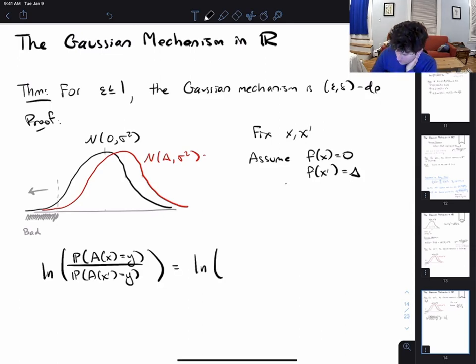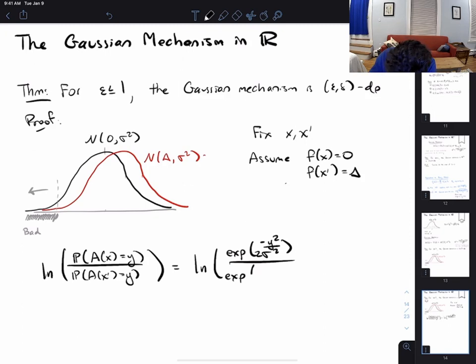Okay, so the way the Gaussian distribution is defined, this ratio is exactly e to the minus y squared over 2 sigma squared on top, and on the bottom, it's y minus delta squared over 2 sigma squared.